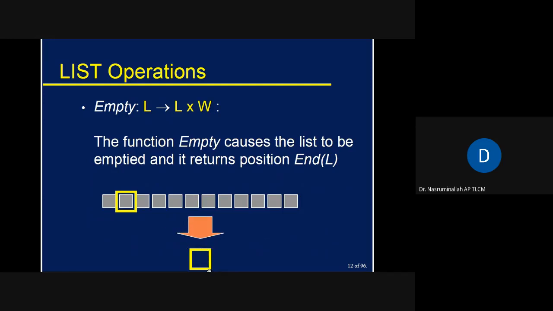An empty list is represented over here graphically in the form of a yellow empty square. It means that there is no element existing in this list. So the reason for implementing this function is that if you have a list and you want to clear all the existing entries within the list, you can do it using the empty operation.